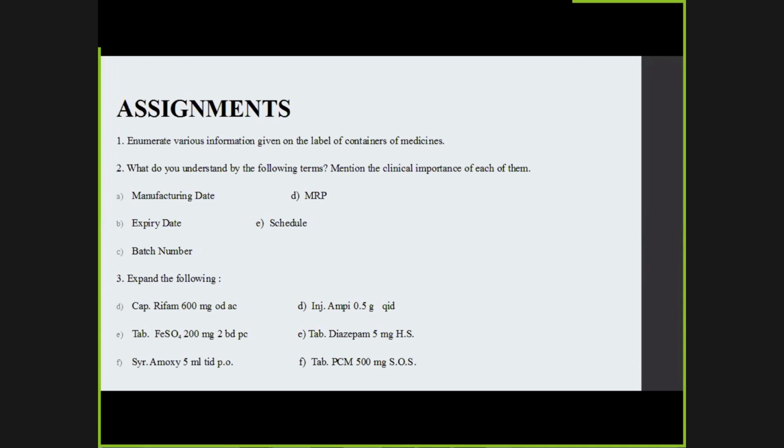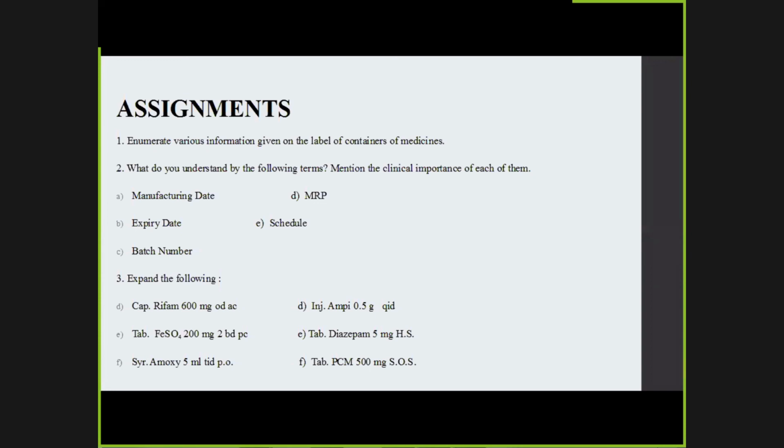The third question is expand the following. Now, expand the following would include dosage form, whether it is capsule, tablet, syrup, in those senses. Drug itself, either by brand name or generic name.